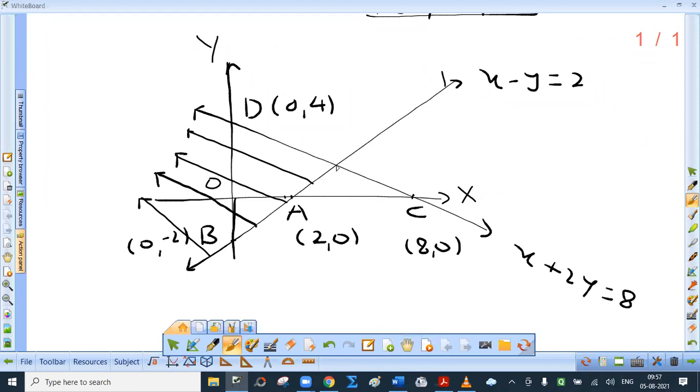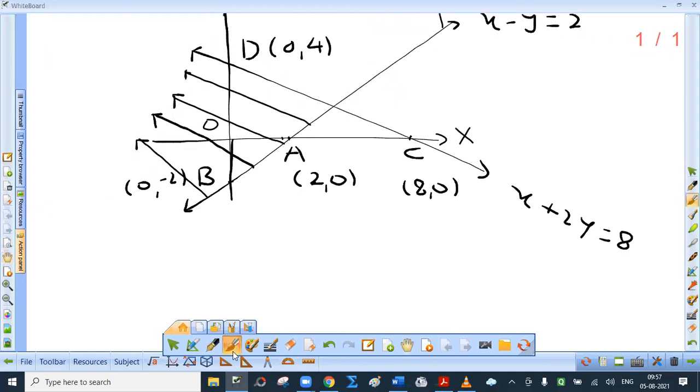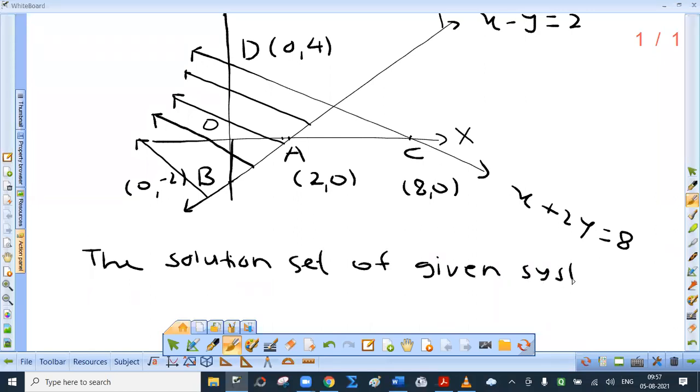While solving LPP problems, you have to name this point also, but in this case, it is not required. Okay, so here I will write the solution set of given system of inequations is shaded in graph.